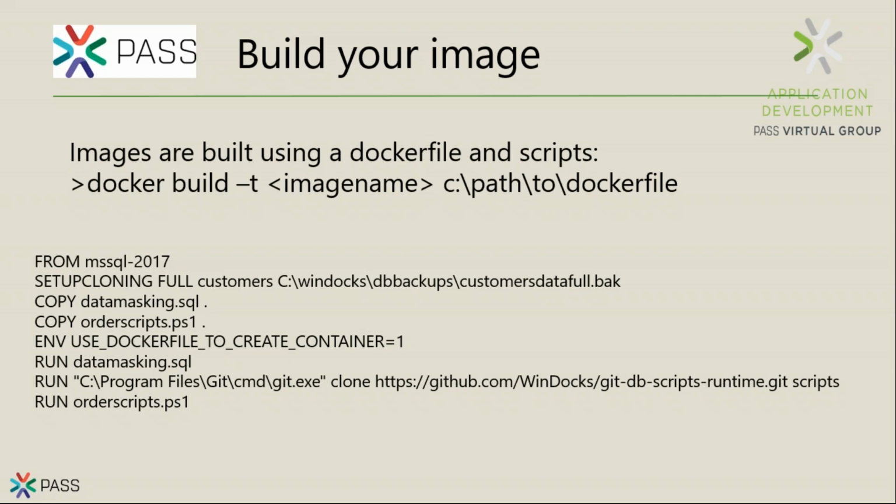And what we'll end up with then is a SQL Server instance that is also a container with that full database clone of the customer's database that has data masking applied. And we're also going to have a clone of the migration scripts that are pushed to our source repo.